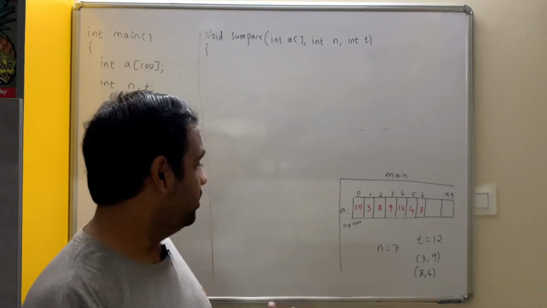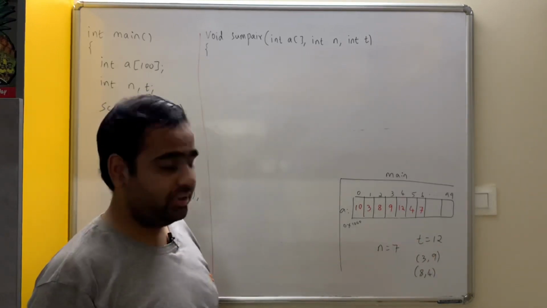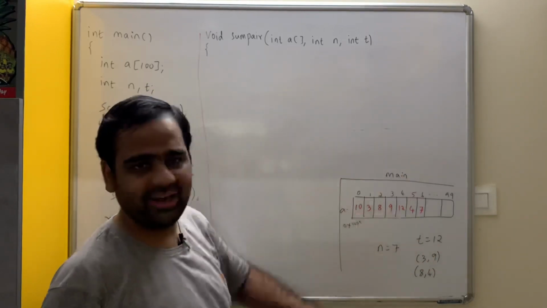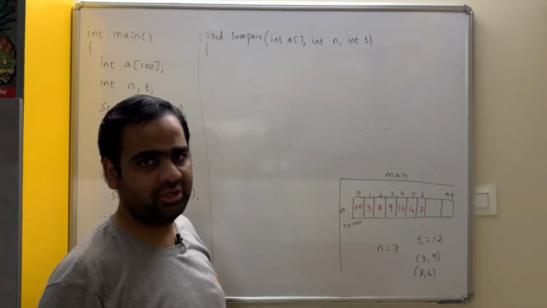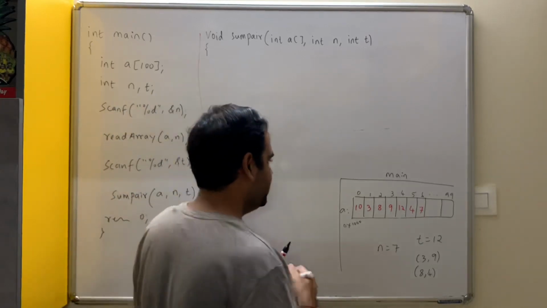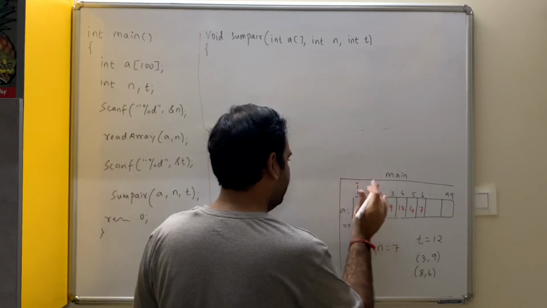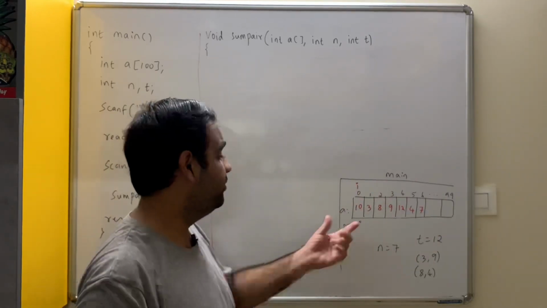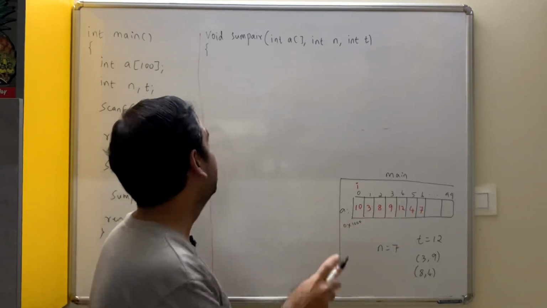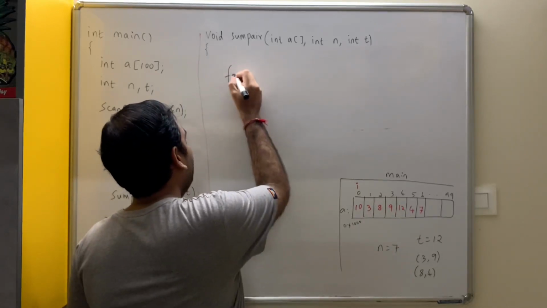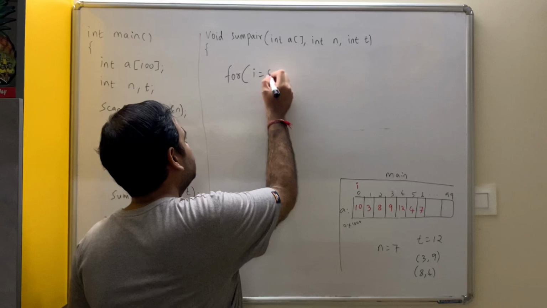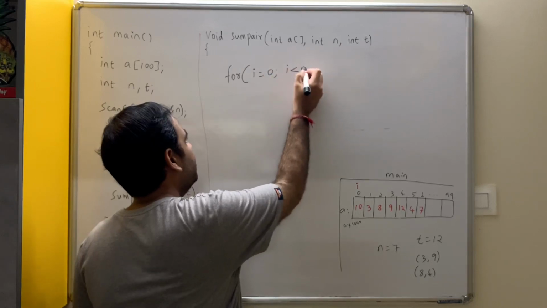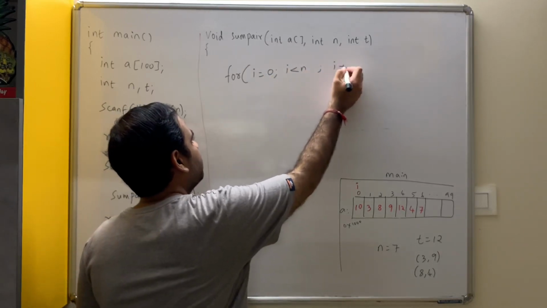Now, the value of t is 12. I need to find all the pairs. I explained the procedure of how you find it. Initially, we take the value of 10 and search: is there any 2 that will form the pair? Hence we say for i equal to 0, i less than n, i plus plus.